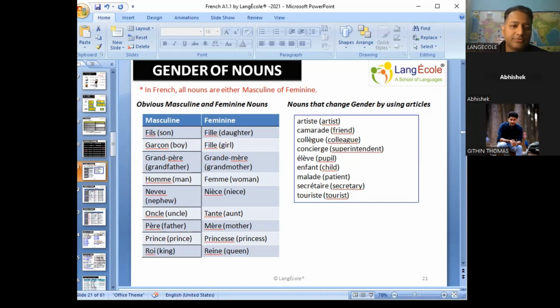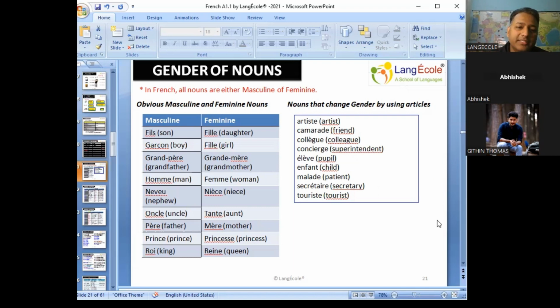Similar to English, girl will be feminine, son masculine, daughter feminine, husband masculine, wife feminine. So you have relationships like father, mother, brother, sister. All these are obviously masculine and feminine, with the meaning of it you'll find out.